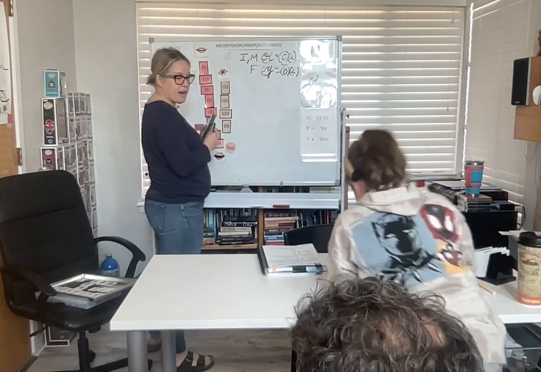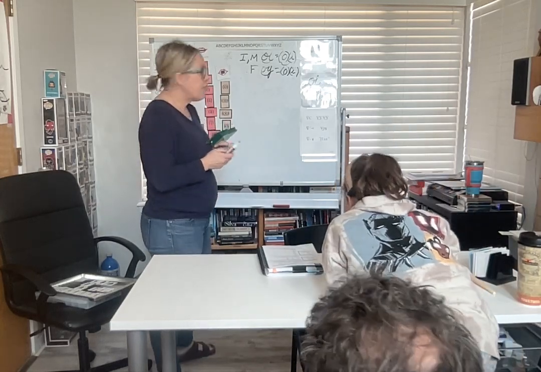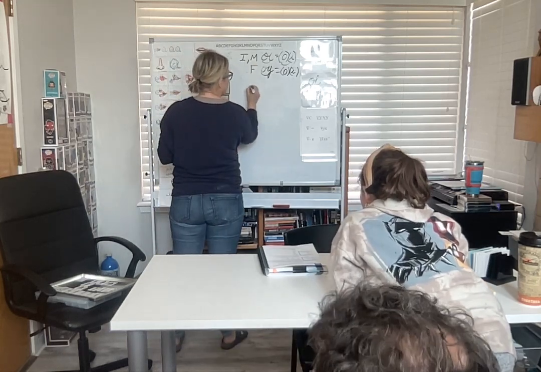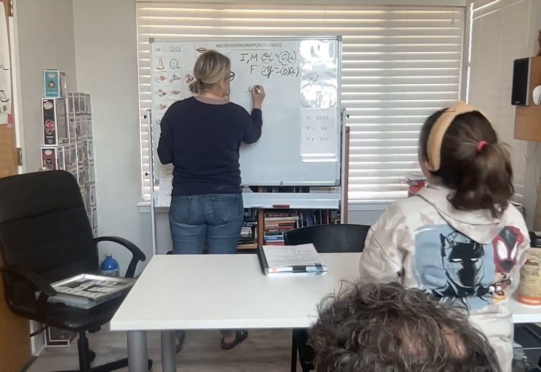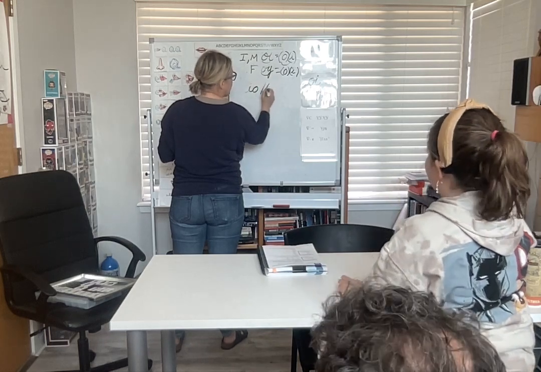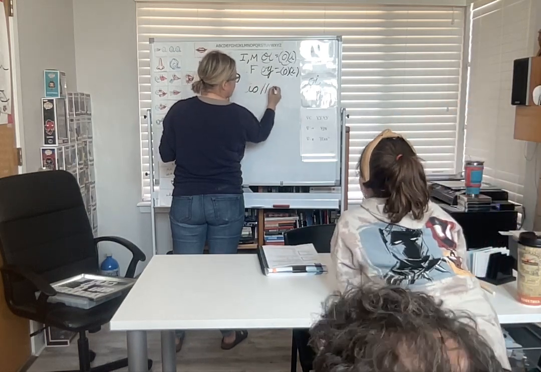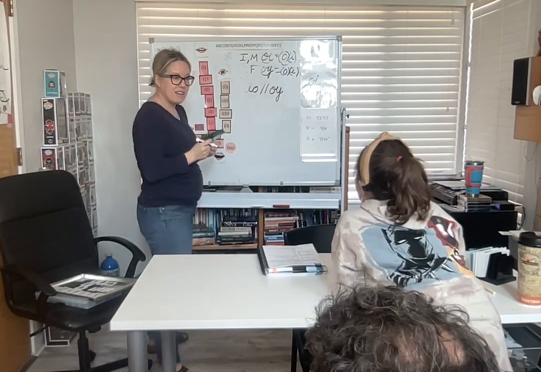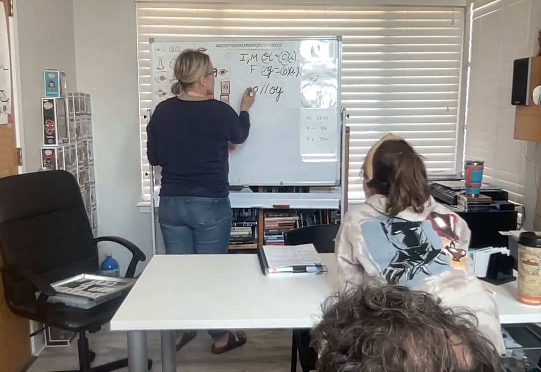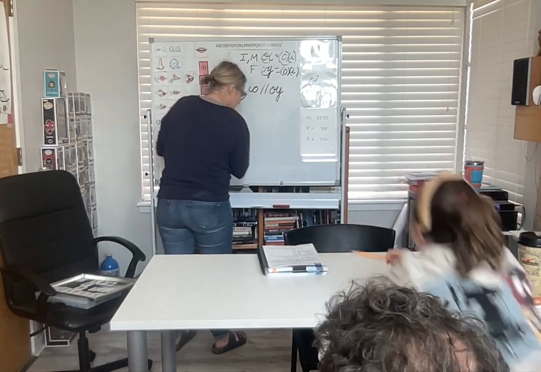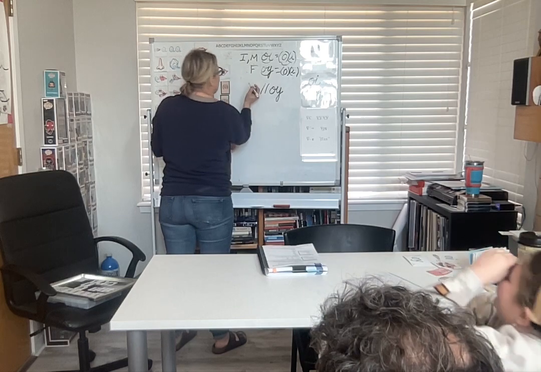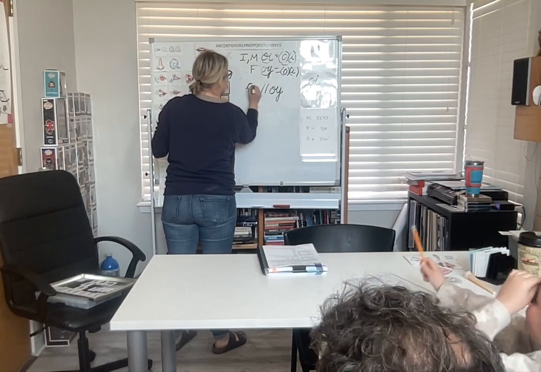So in the initial and medial position, we spell that sound O-I. But in the final position, we spell it O-Y. Oh, shoot. Silly mama. Thank you for helping me.